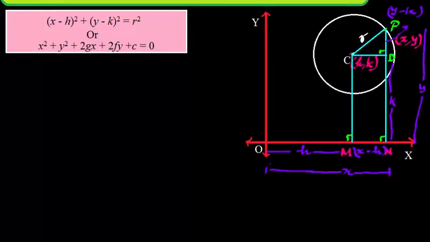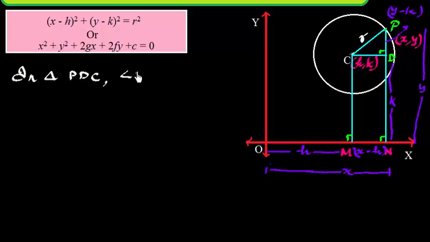So first I write down what we have. In triangle PDC, angle D is equal to 90 degrees.